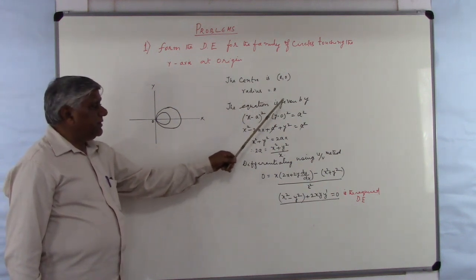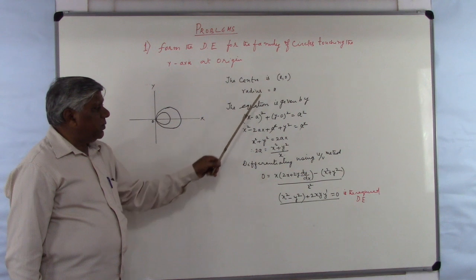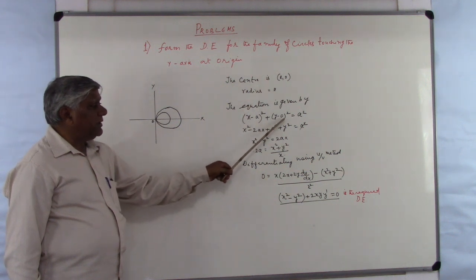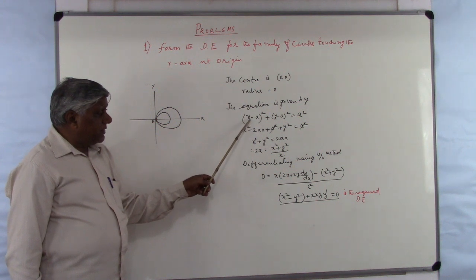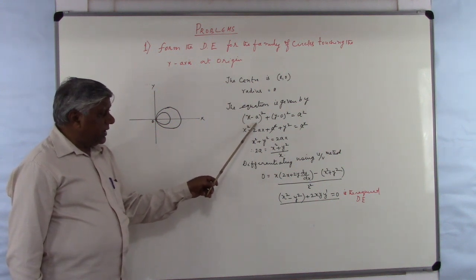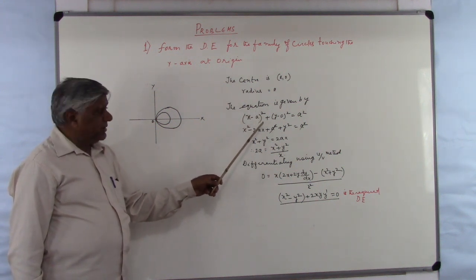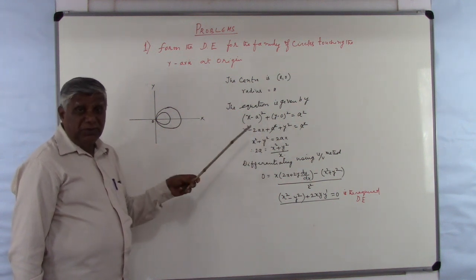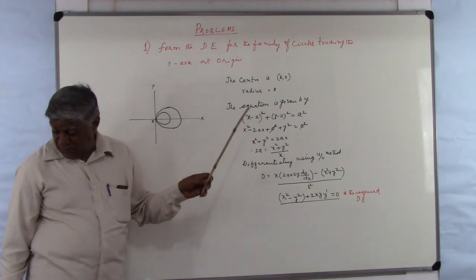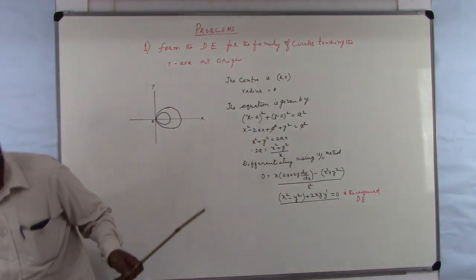Now, the equation is given by (x minus a) whole square plus (y minus 0) whole square is equal to a square. Here, we use the formula (x minus h) whole square plus (y minus k) whole square is equal to r square. That is very important. If you want, you can make a note of that.